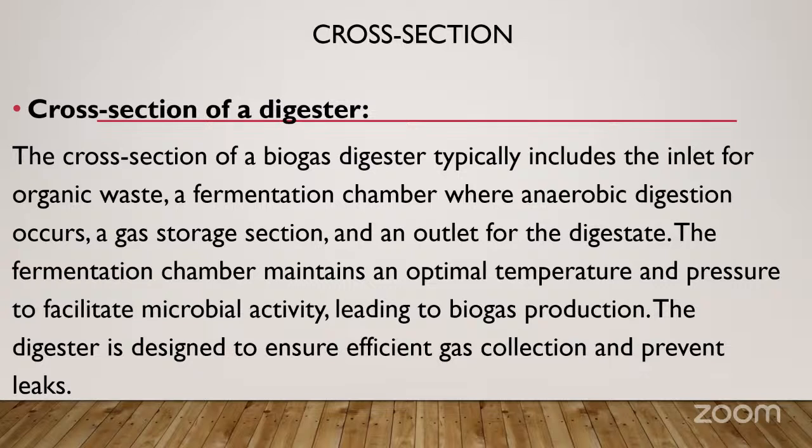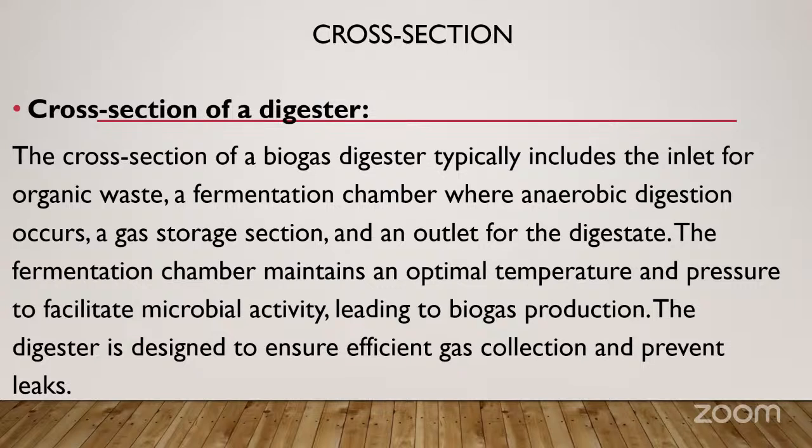So after the gas is produced, and as long as you input waste in the inlet, what is going to take place? The waste is going to move to the other chamber, the gas storage chamber, and the manure, after giving up its gas, can be taken from the outlet.